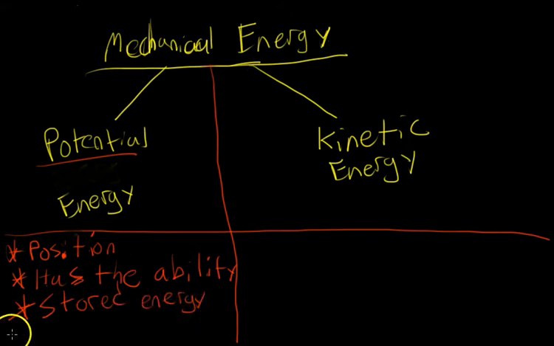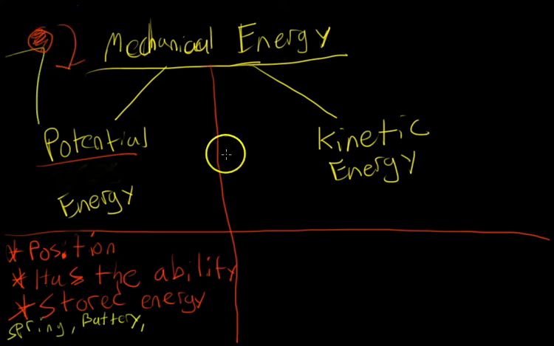A spring, either compressed or decompressed, is an example of potential energy. Another good example is a battery. A rock on a ledge has potential energy. It's sitting up here, and it could fall down there and create a lot of kinetic energy. So it has the potential to do work.